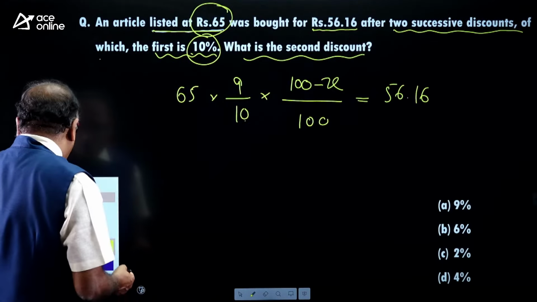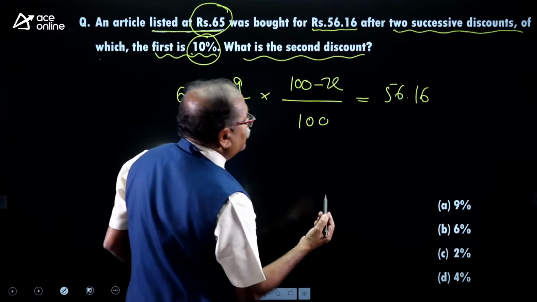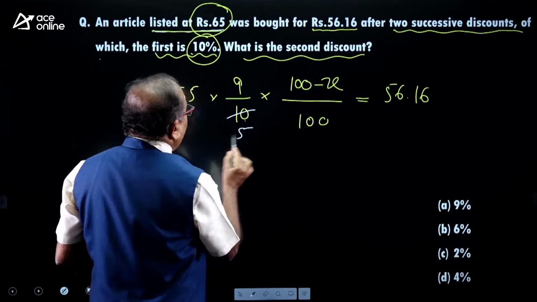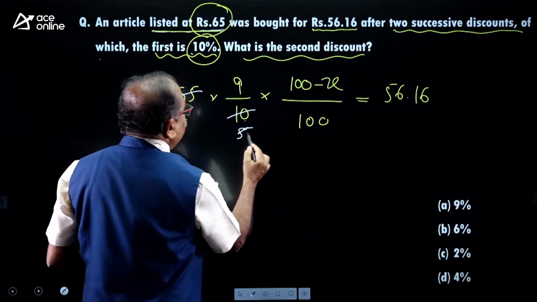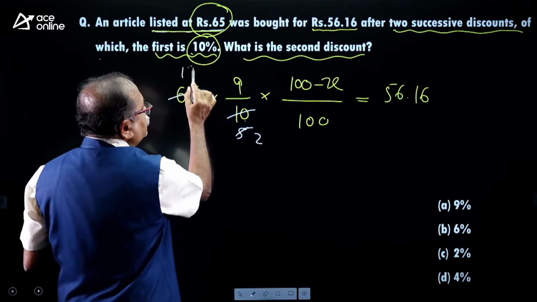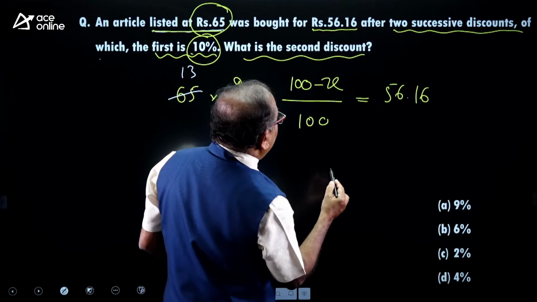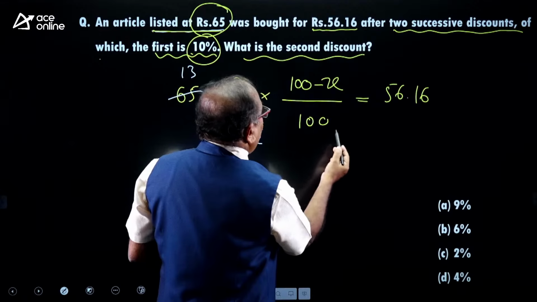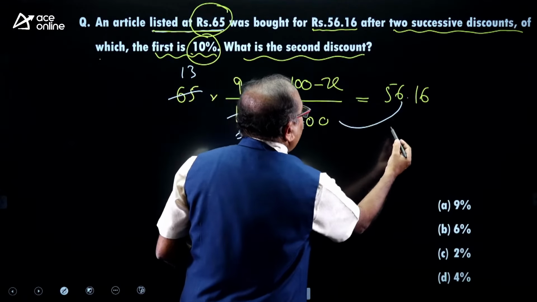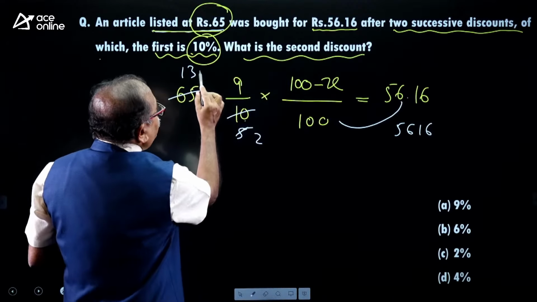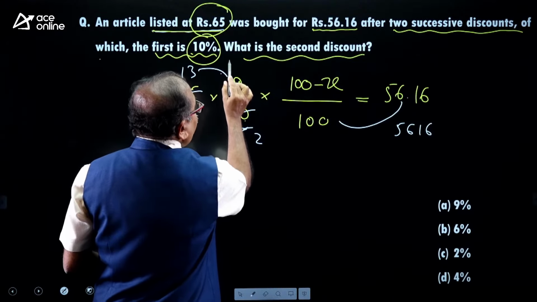Now, it's only a simplification part. There's not much to do over here. So, I noticed that with 5 this is 2 times, and with 5 this is 13 times. And further any cancellation is possible over here? No. So, I will take this 100 to the other side. This has become 5616 over here. So, 13 into 9, that's 117.